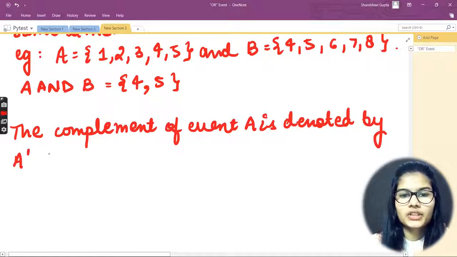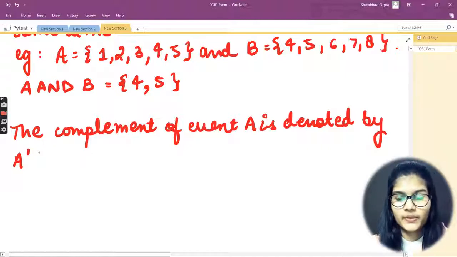This is how you denote the complement of an event. You could simply write A dash, or you could read it as A prime as well. That's your choice. There are different ways of speaking it: A complement, A dash or A prime, whatever you wish. So I would say A prime.